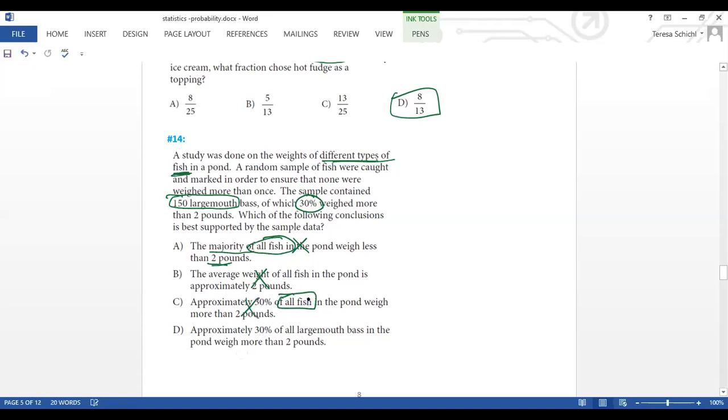No, we don't know that for all fish, because this 30 is only the largemouth bass. We don't know how many other fish we have, right? So part D is the correct one: approximately 30% of all the largemouth bass in the pond weigh more than 2 pounds. Yeah, that's exactly what this one tells you.